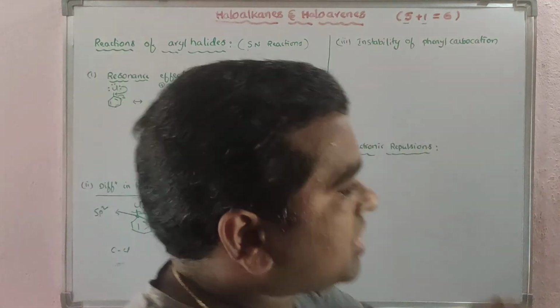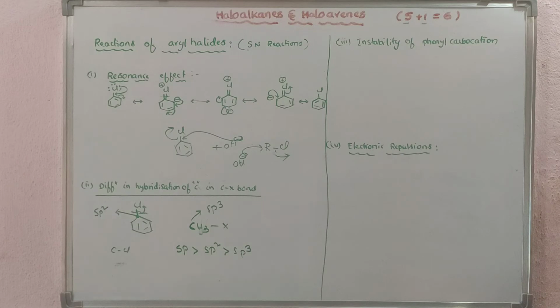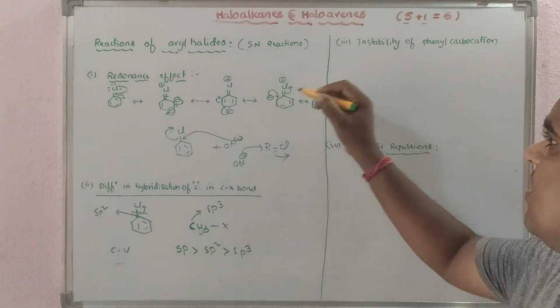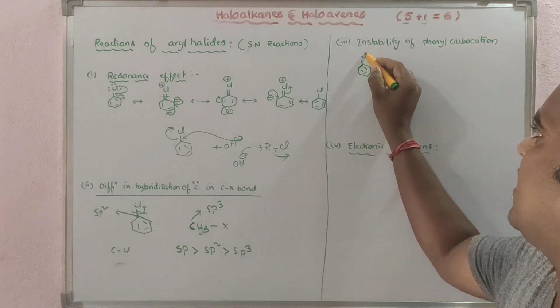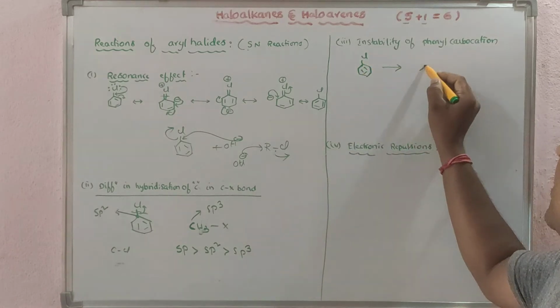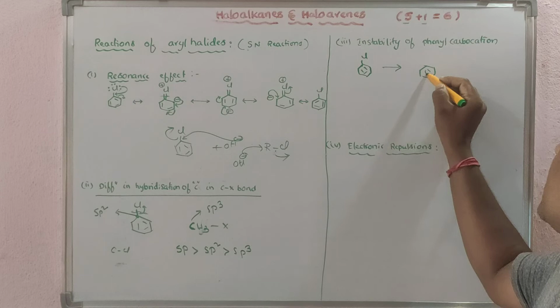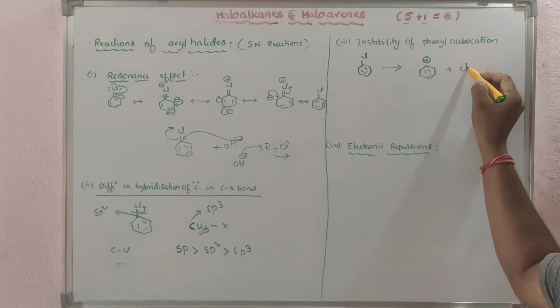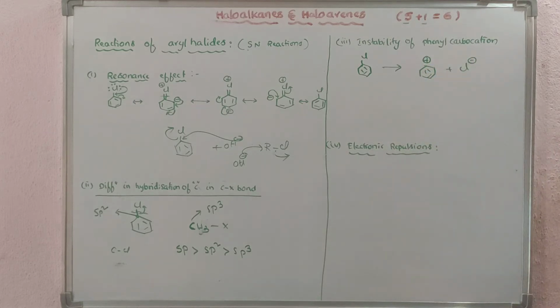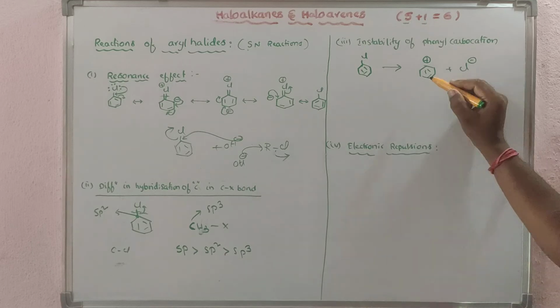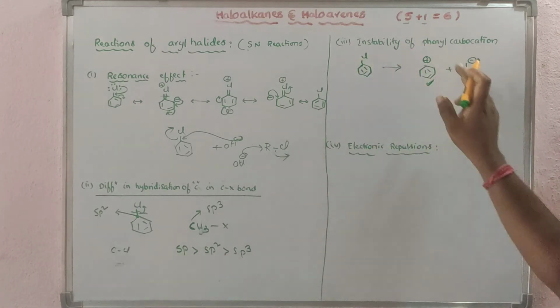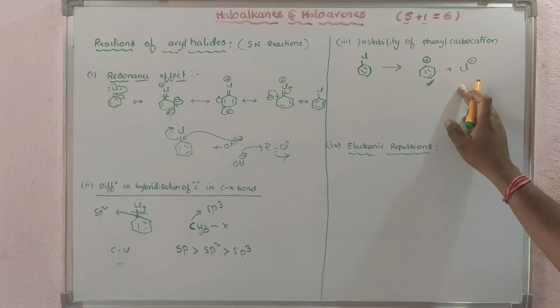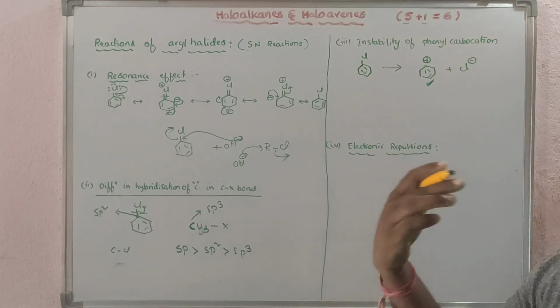Next one, instability of the phenyl carbocation. You know in the SN1 reaction there is another possibility. Suppose a halide is self-ionized, then according to the SN1 mechanism it forms a positive charge and Cl minus. If the carbocation is very stable and ionization takes place very fast, then it is involved in nucleophilic substitution very fast.